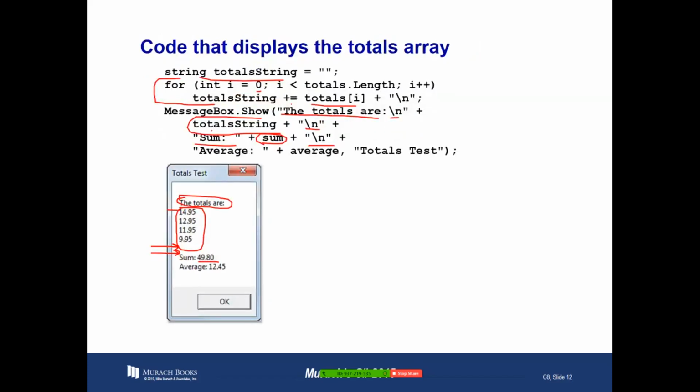And then we're going to display out the word average, followed by the value average. And so this thing here is the string that's displayed, and then this is the title bar of the message box, this thing.